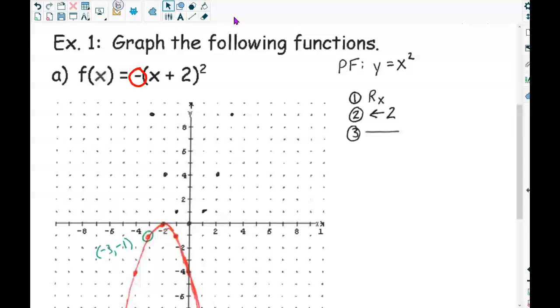Graph paper over here. Feel it. Give me a new page here.